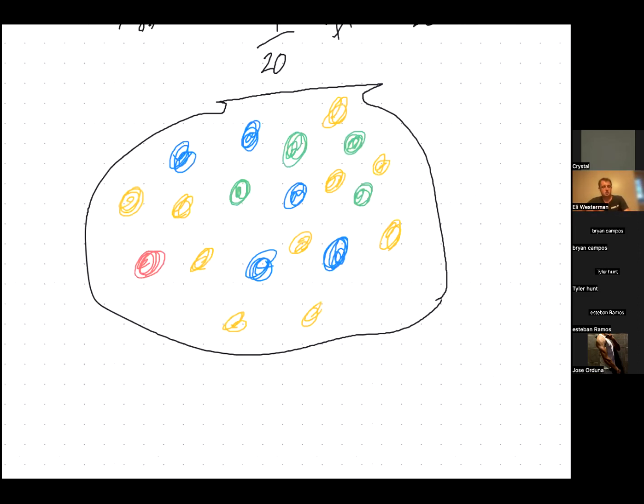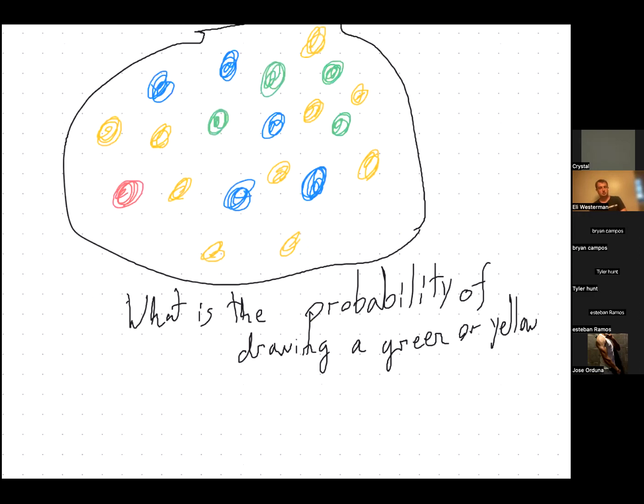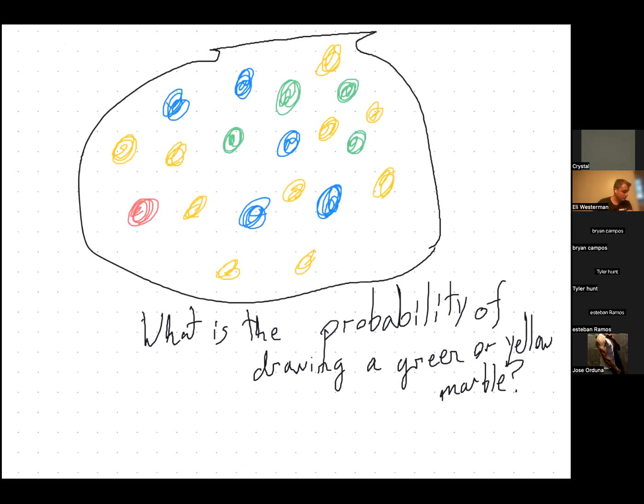So now I'm going to ask you, what is the probability of drawing a green or yellow marble? What is the probability of drawing a green or a yellow marble? So why don't you try to figure this one out?